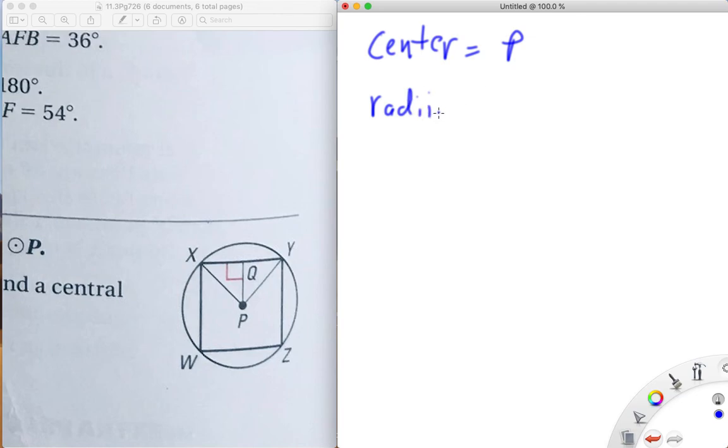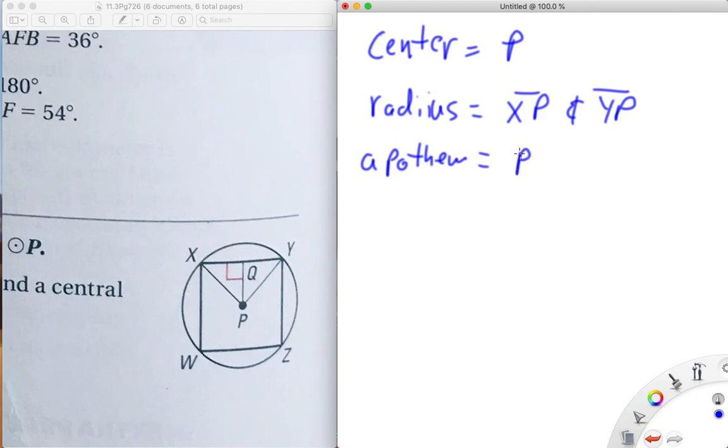I don't know. Radii. Let's go with what I know. The radii are XP and YP. It is called radii, but I don't remember how to spell it. The apothem is PQ.